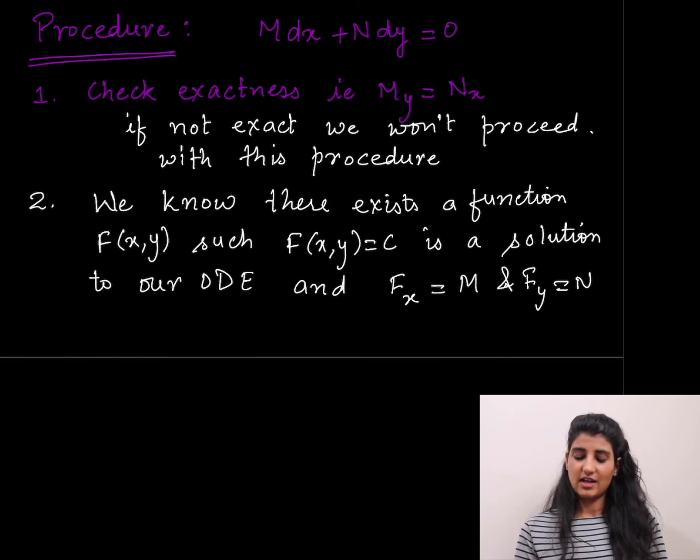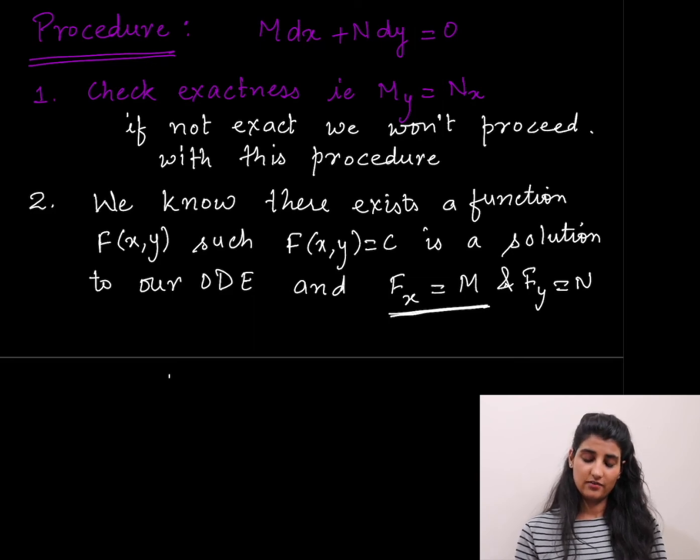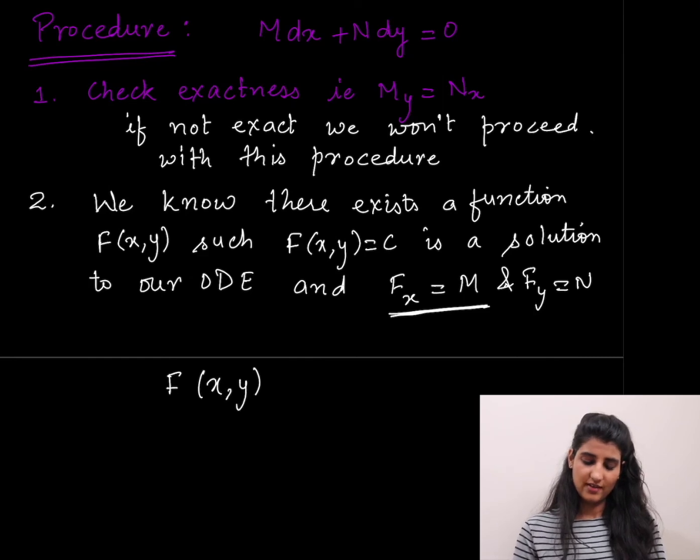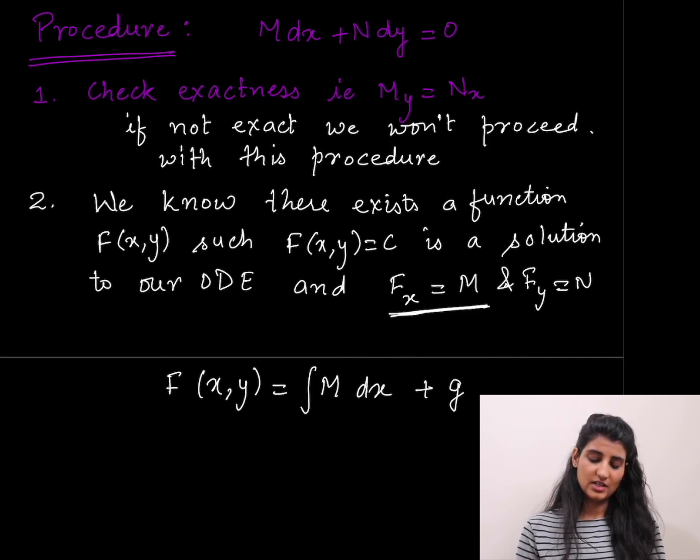You can start with f_x equal to M or f_y equal to N. So this procedure we are going to write with f_x equal to M. So you integrate both sides. So f(x,y) will be equal to the integration of M with respect to x plus a constant of integration in terms of y.